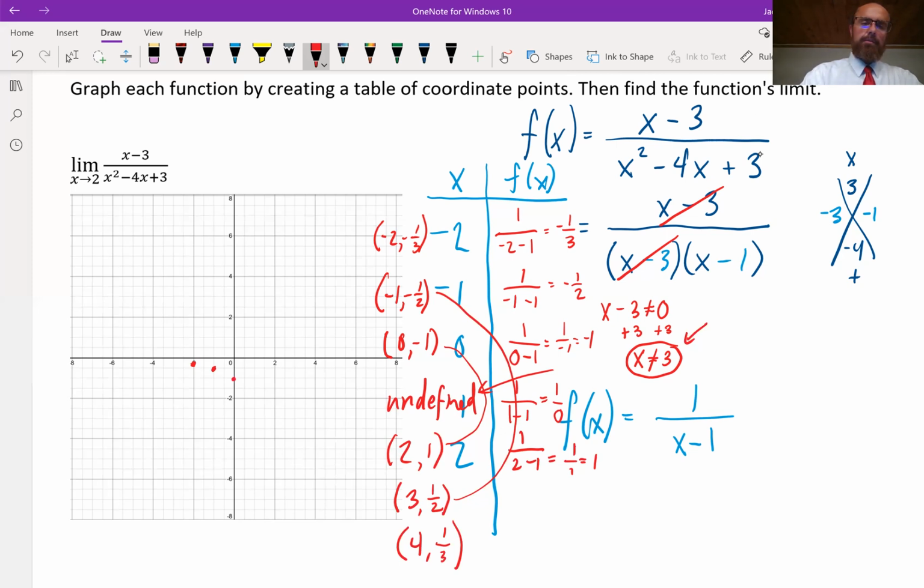The vertical asymptote's at +1. I'm also going to graph these points on the right. So we got 2, 1, and then the ones that we had predicted, 3, 1/2 and 4, 1/3. Definitely, it appears that we've got a horizontal asymptote as well. So right on the x-axis.